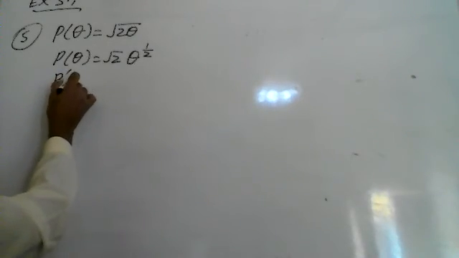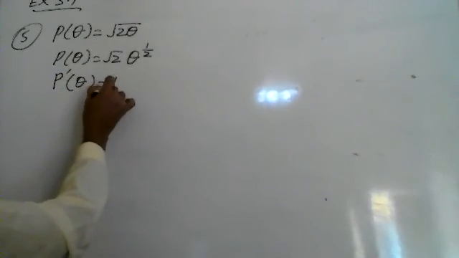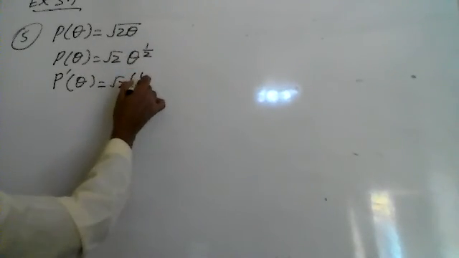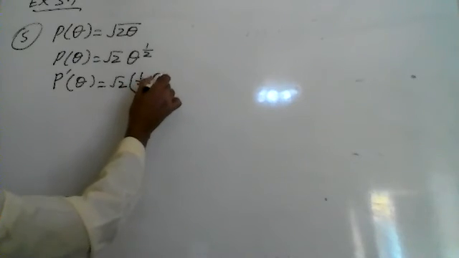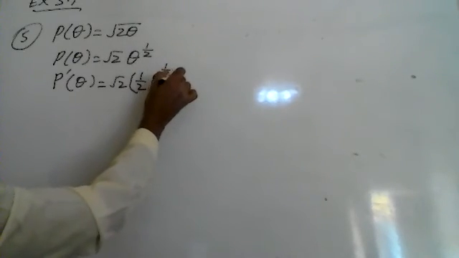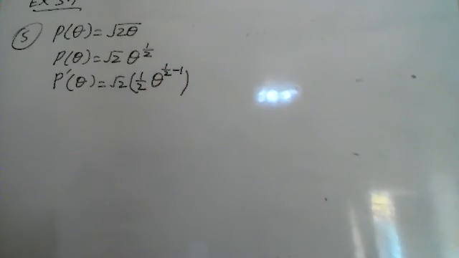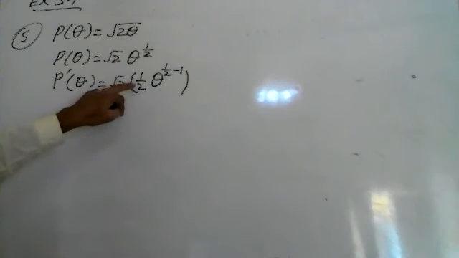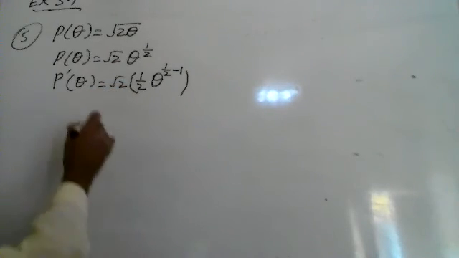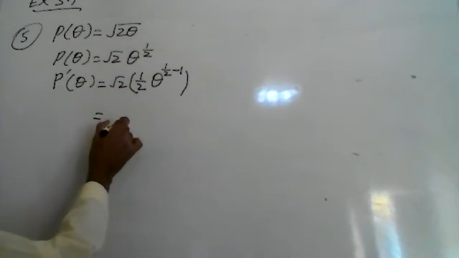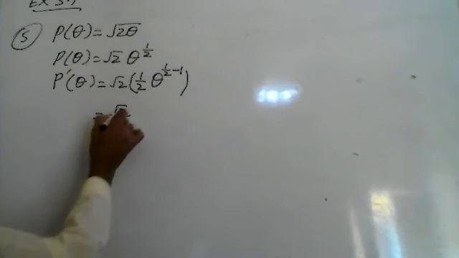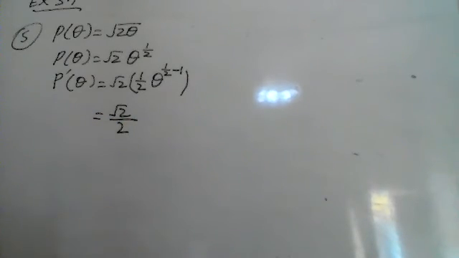So P dash theta will be equal to under root 2 into the derivative of theta raised to power 1 over 2. The power will come over there, and theta raised to power 1 over 2 minus 1. We will subtract 1 from the given power, and that given power will be shifted over there and multiplied. It will become under root 2 into 1 over 2, which is under root 2 upon 2.